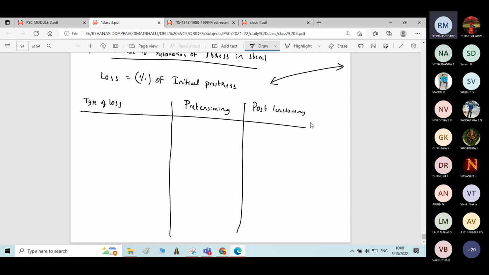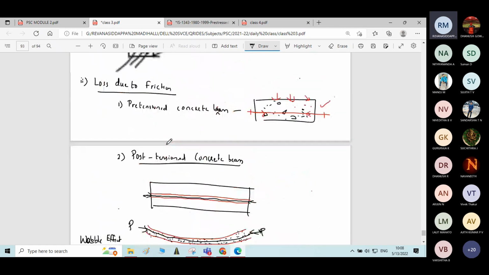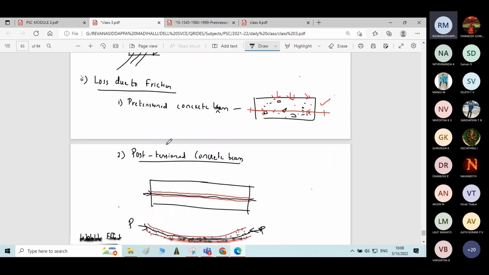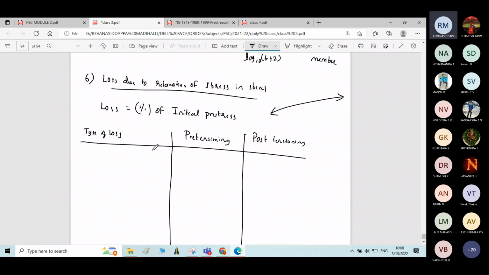We'll list them one by one. The first one is loss of pre-stress due to elastic shortening.